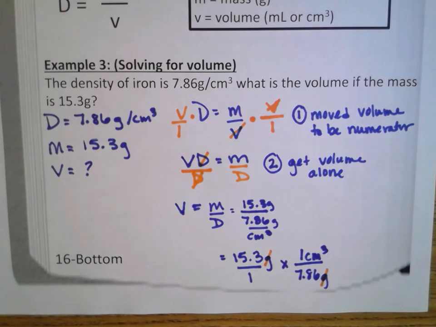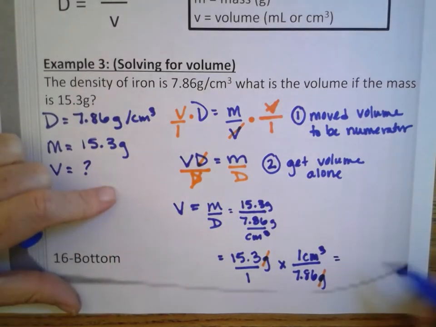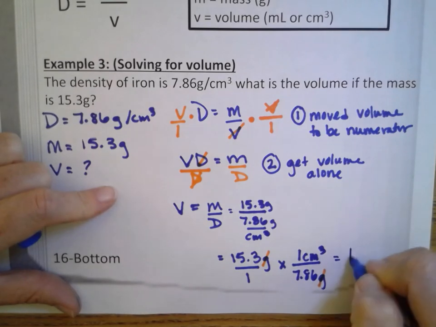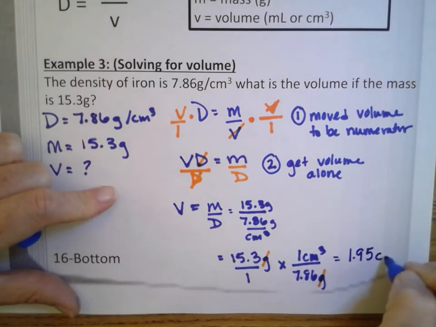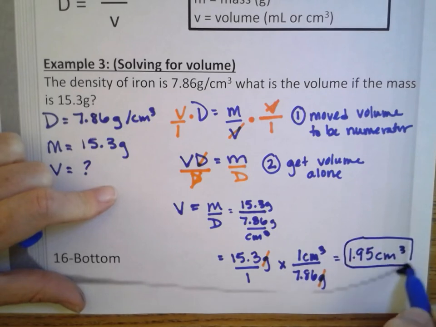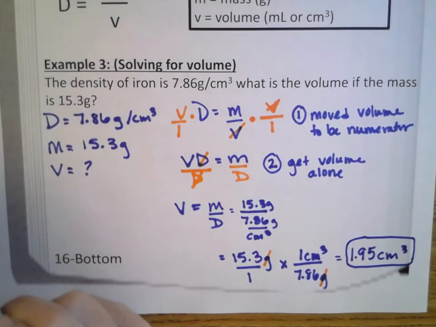That gives me a good indication that I set up everything correctly, and when I plug this into the calculator, I do 15.3 divided by 7.86, and I get 1.95 centimeters cubed. We just solved for volume using the density formula.